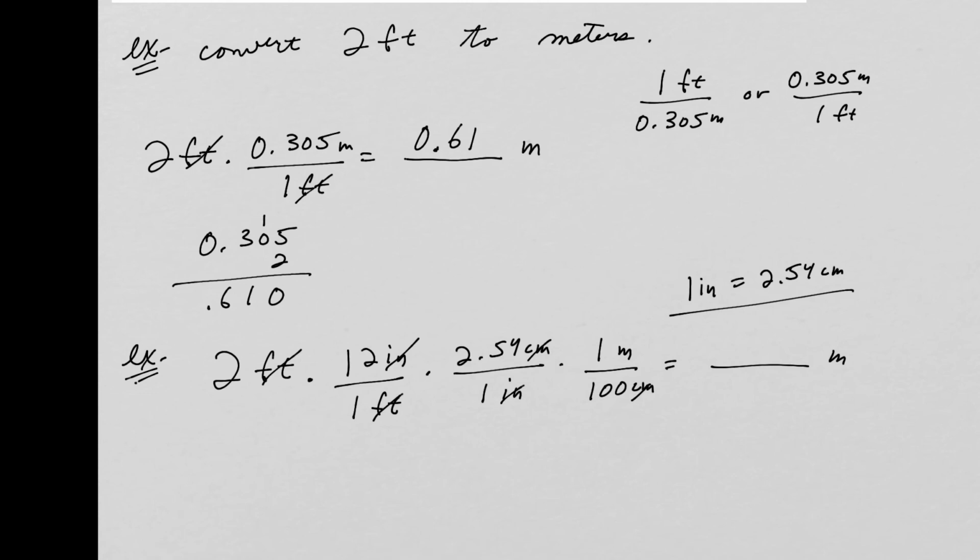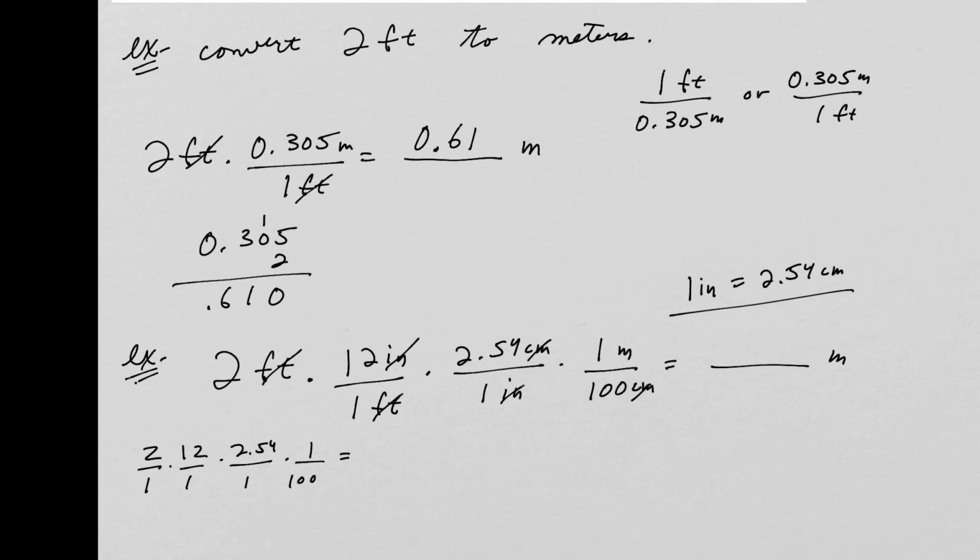So I could do the same thing that I just did above, except now instead of using 1 unit conversion factor, I have to use 3 unit conversion factors. And you'll get exactly the same thing, right? If you multiply this out, you have 2 over 1 times 12 over 1 times 2.54 over 1 times 1 over 100.